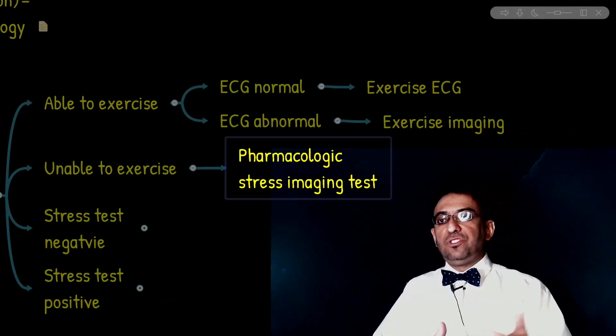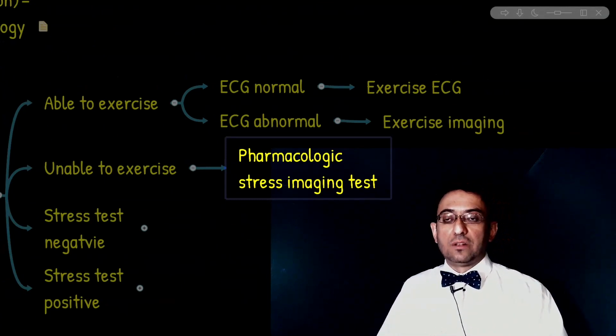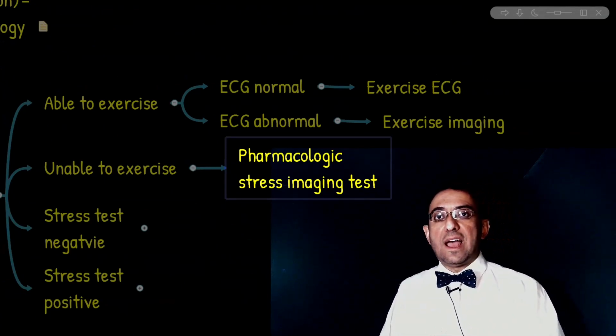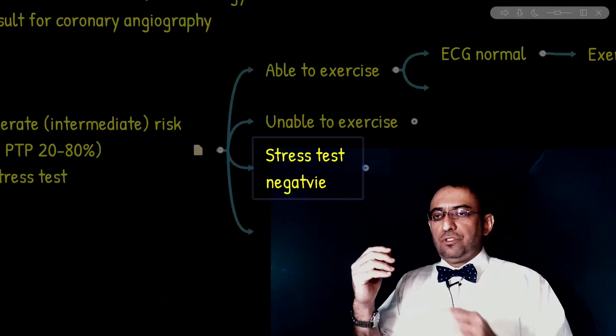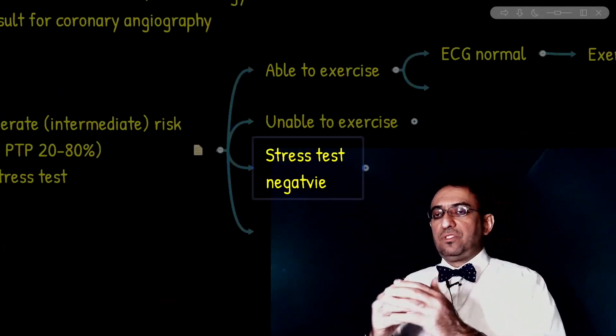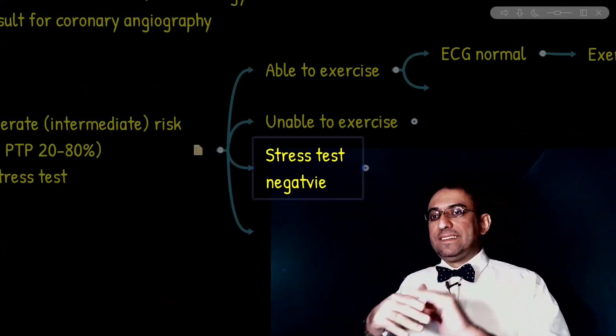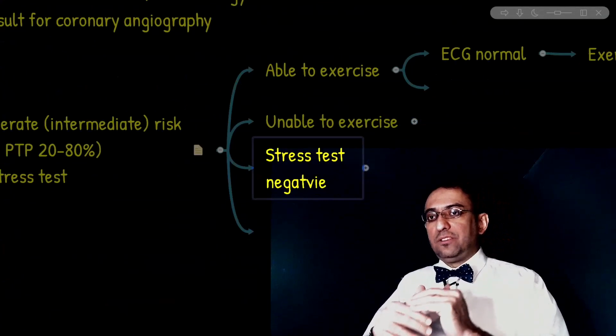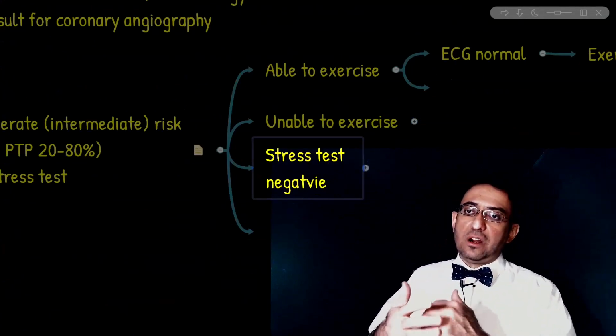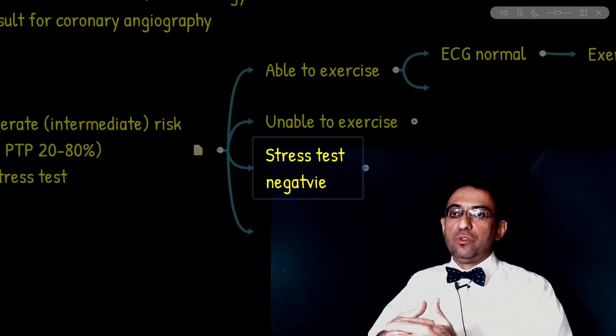Now, what is the next step if the results are reported as positive, negative, high risk, etc.? Just remember, the results of stress test could be reported as positive, negative, or high risk. The positive results are the ST and T changes.